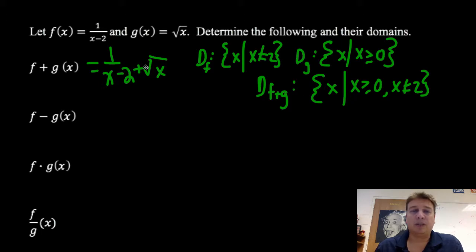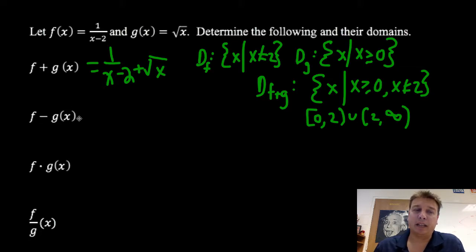We started with 0. 0 is allowed here, 0 is allowed here, so I need a bracket, 0. I'm going to go up to 2, but I can't be 2 because if I am 2, then I have a problem here. So close the parenthesis. And I'm going to union that set with from 2, well, it just says it can be greater than 2, so I'm going to go all the way to infinity.